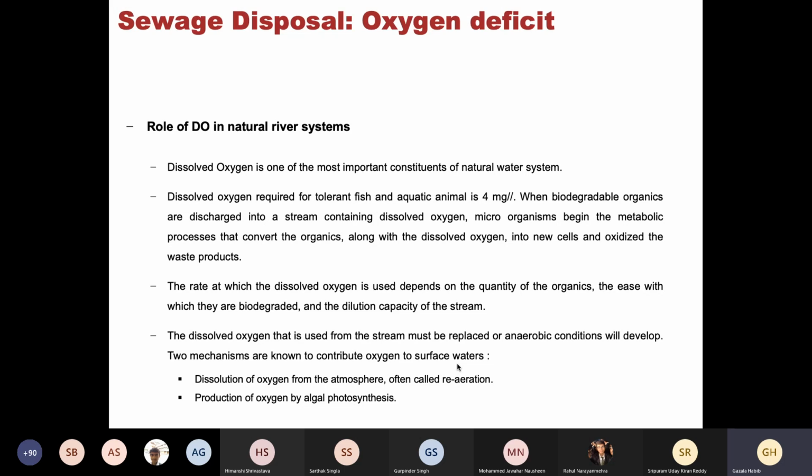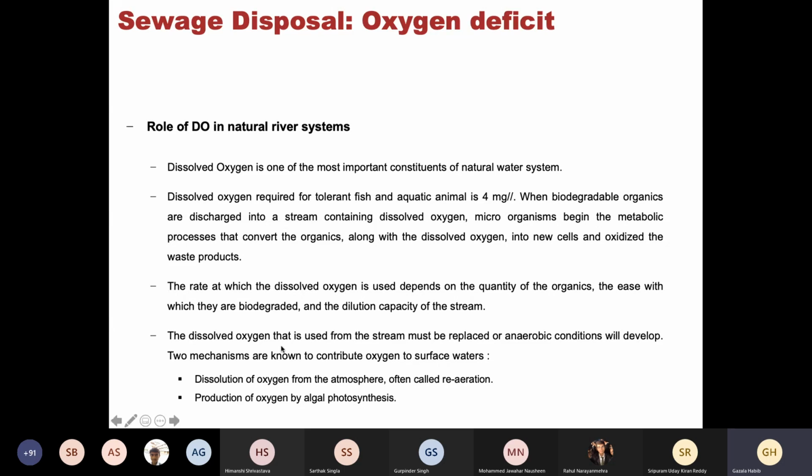Now, what is the role of DO in a natural river system? The dissolved oxygen, as we know, is used by aerobic bacteria to degrade the organic matter and convert it to harmless compounds. That is the main objective of DO in the river body. A certain level of dissolved oxygen should be maintained for the survival of aquatic life.